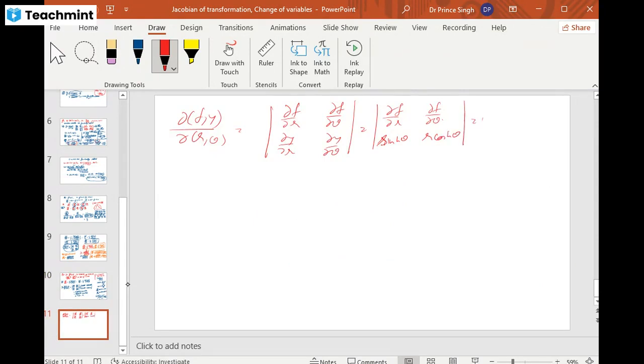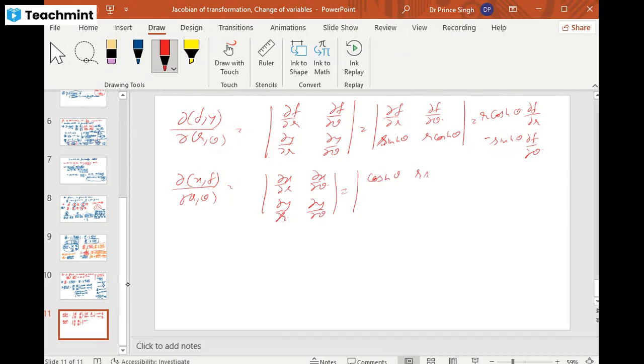So it is r cos hyperbolic theta curly f upon curly r minus sine hyperbolic theta curly f upon curly theta. So Jacobian of x, f with respect to r and theta is curly x upon curly r, curly x upon curly theta, curly y upon curly r, curly y upon curly theta. So this is cos hyperbolic theta, r sine hyperbolic theta.